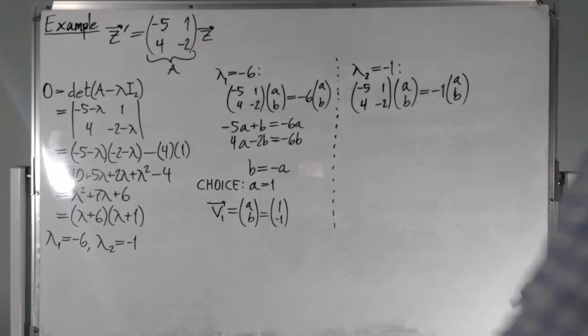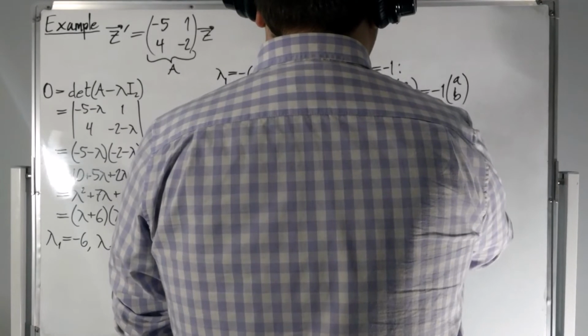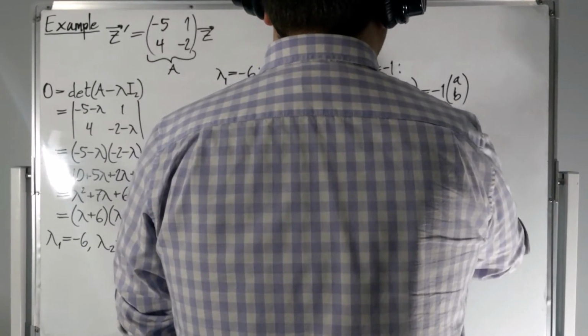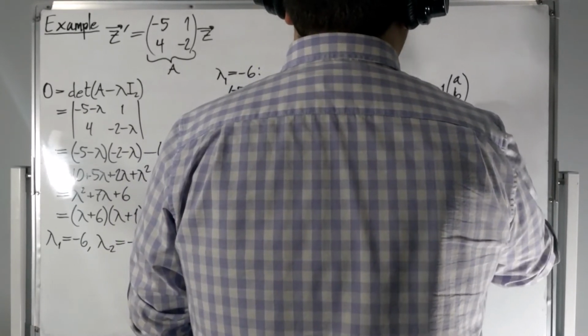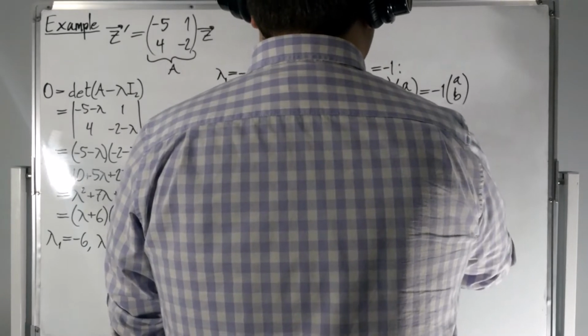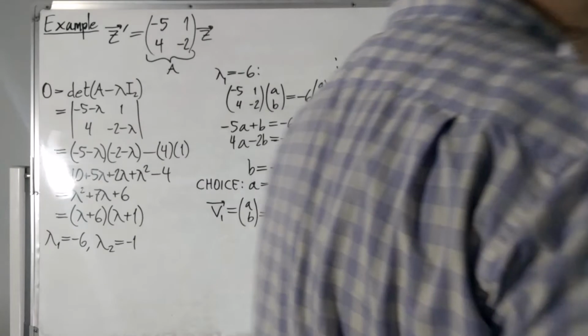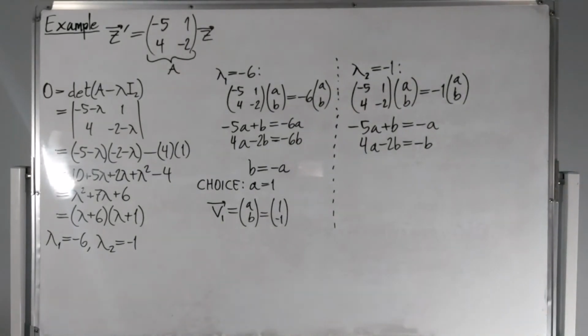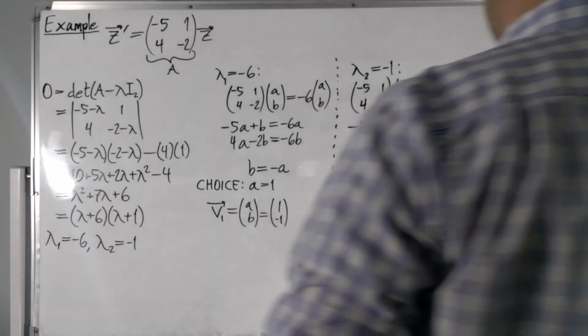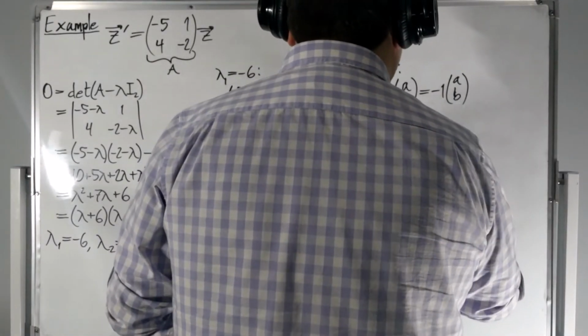Multiply through, you get -5a plus b equals -a, and 4a minus 2b equals -b. I'd like to add 5a to both sides of the first equation so that we can get b equals 4a.